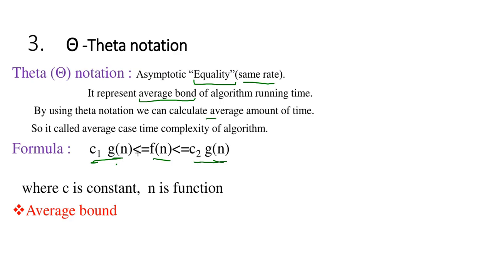So c1 into g of n is always less than or equal to f of n, and c2 into g of n is always greater than or equal to f of n. Here c1, c2 are constants and n is the x-axis notation through which it will go. So it is also called an average bound.